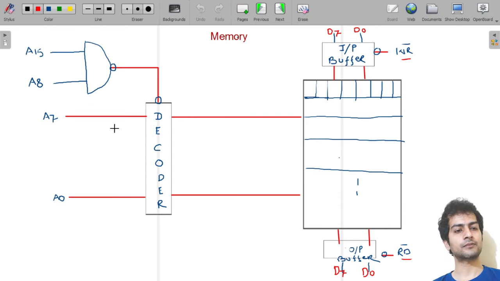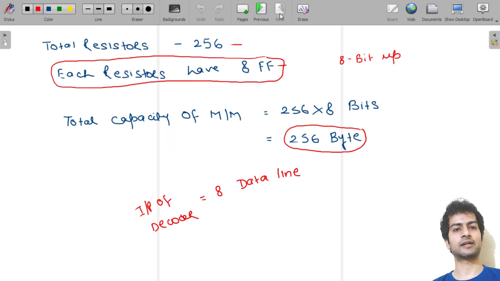So see, A7 to A0, what is this? These are our lower order address lines. It has 8 lines, so what will be our total combinations?